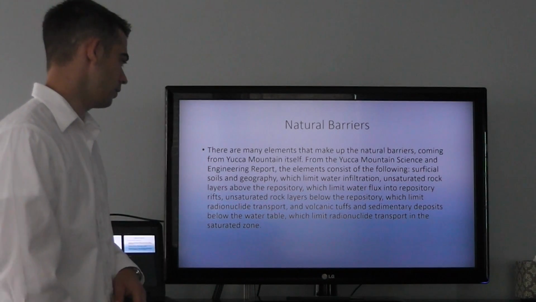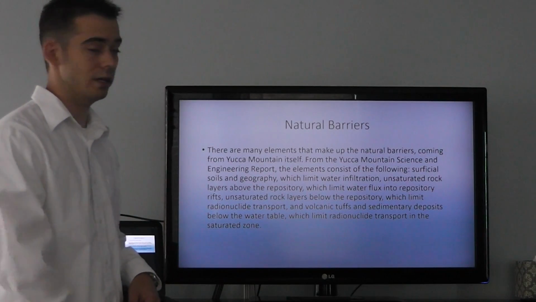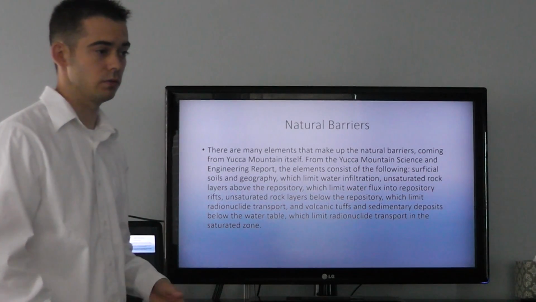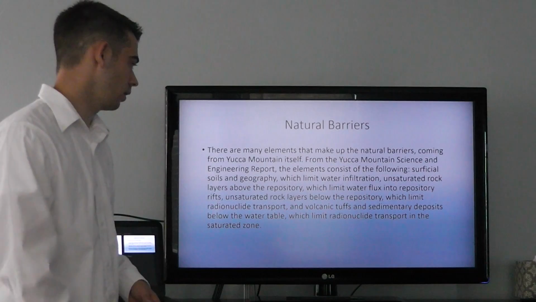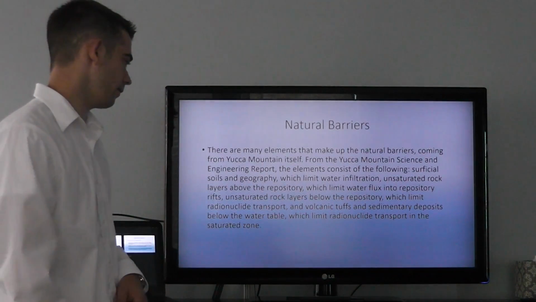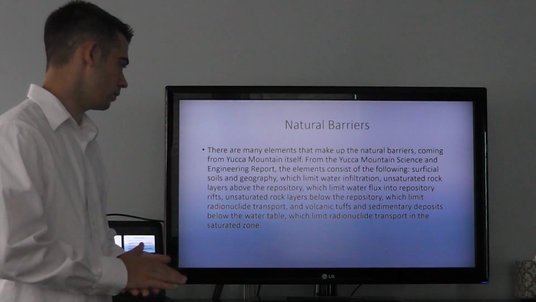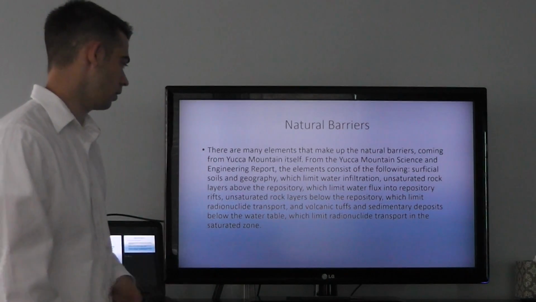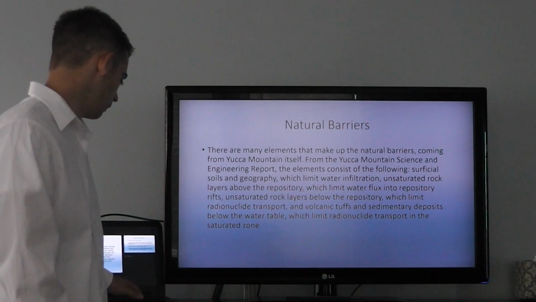It limits the transport of radionuclides once they actually do escape from their packages, and the volcanic tuff and sedimentary deposits below the water table also limit the transport of the radionuclides.